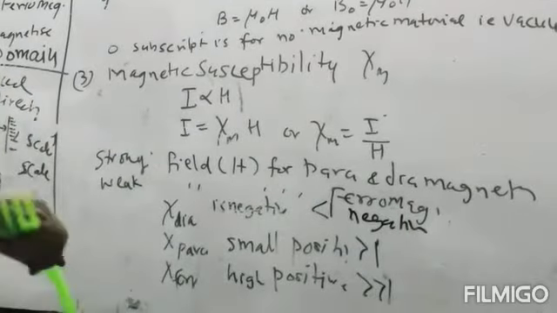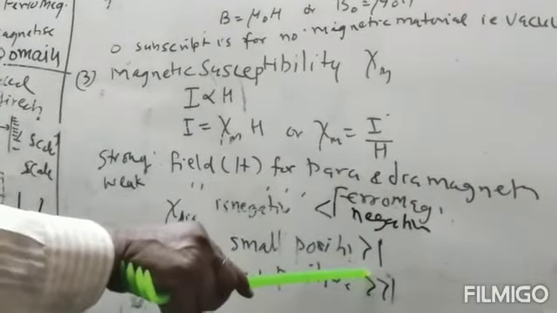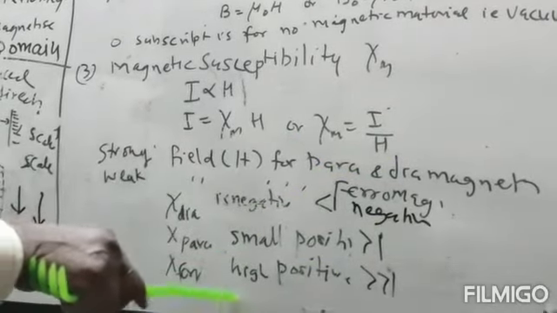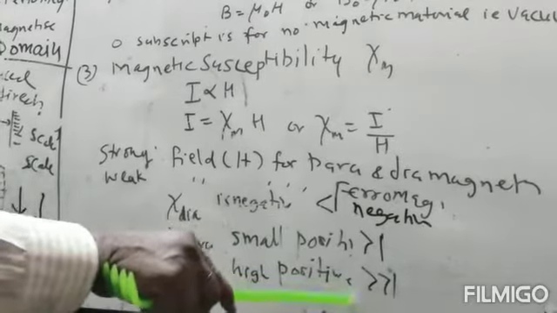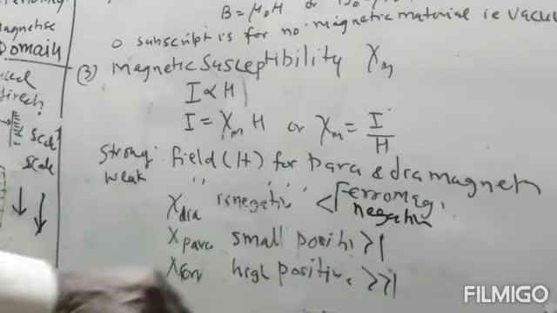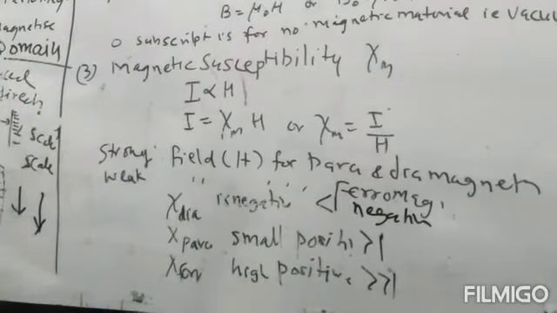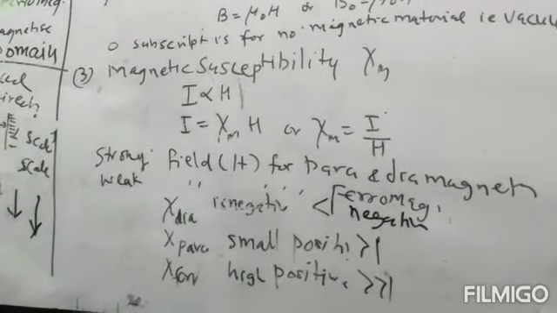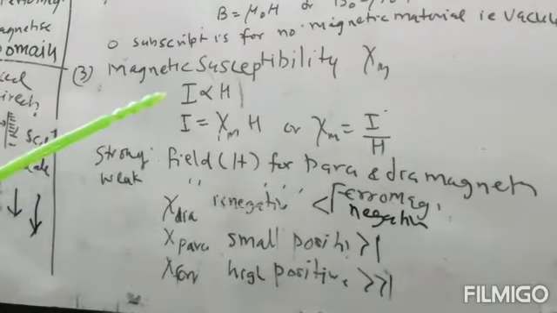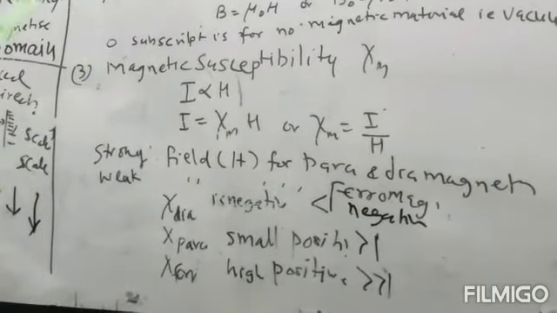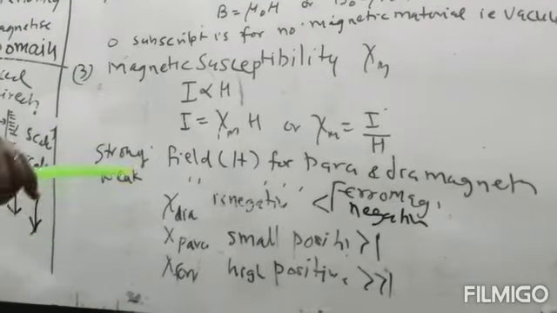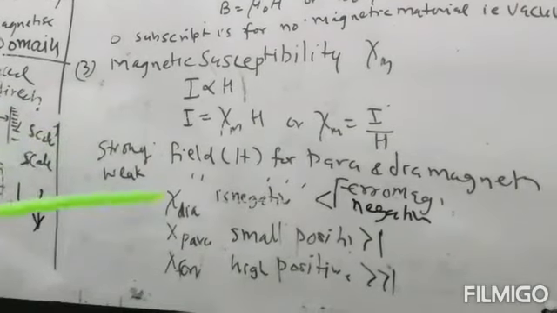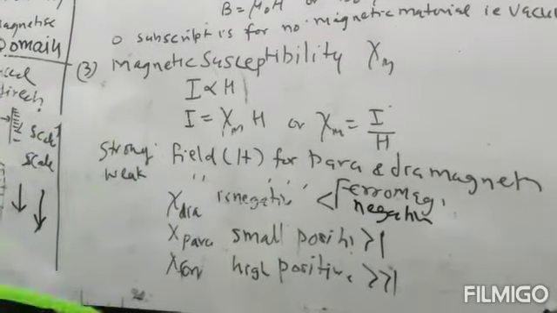For paramagnetic substance, it is greater than 1 because I will be greater than H. And in the case of ferromagnetic substance, it is very, very much greater than 1. So we can say that the magnetic susceptibility is negative for diamagnetic substance, positive and greater than 1 for paramagnetic substance, and very, very greater than 1 for ferromagnetic substance.